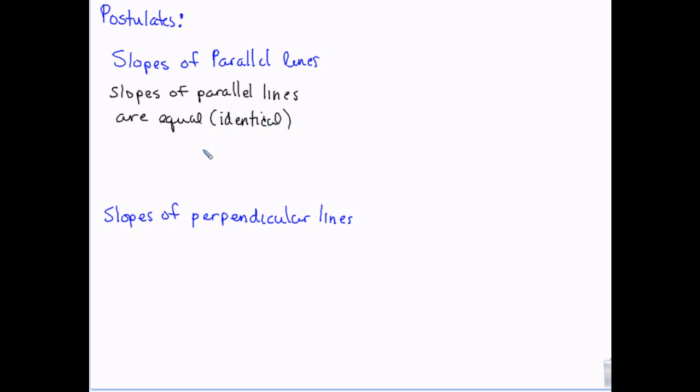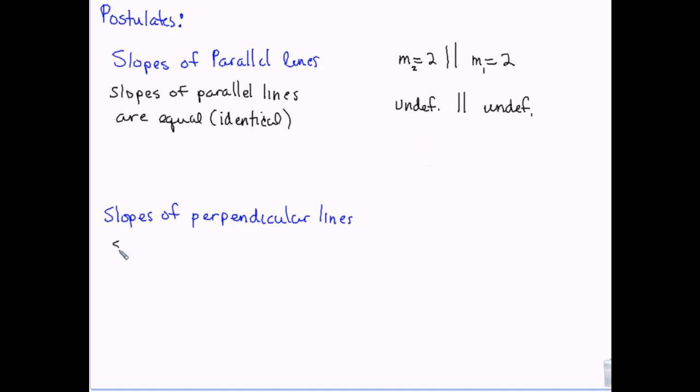So if one line has a slope of 2, it will be parallel to the other line with a slope of 2. If you have an undefined slope, it will be parallel to another undefined slope. So when you have parallel lines, the slopes are the same.